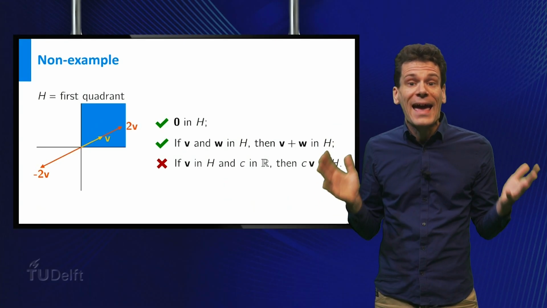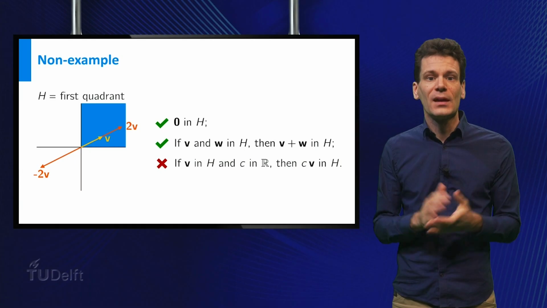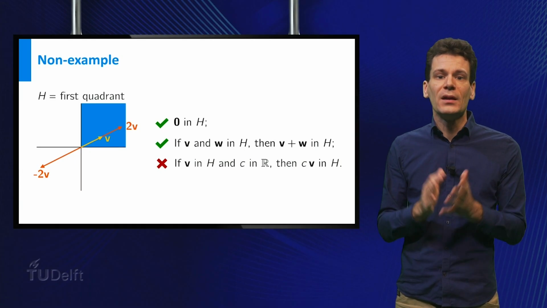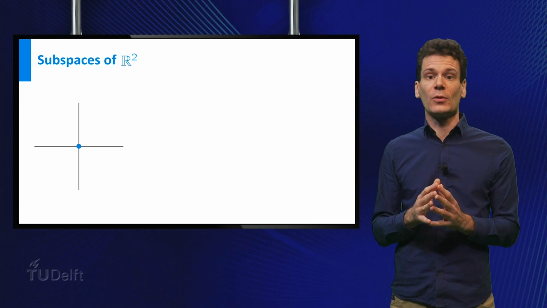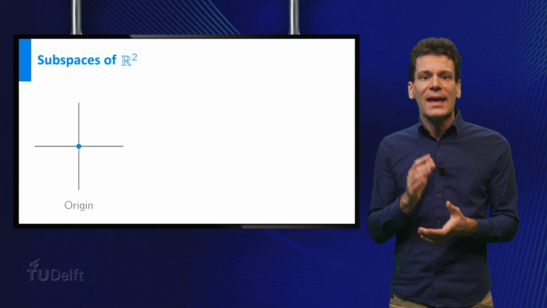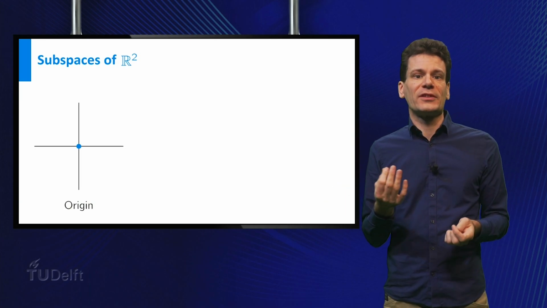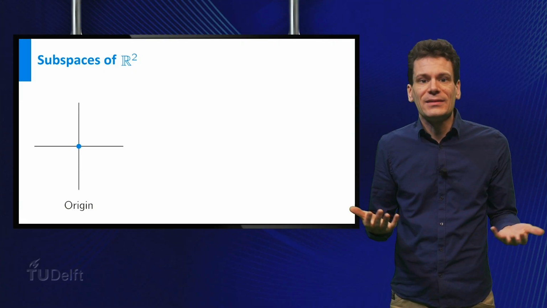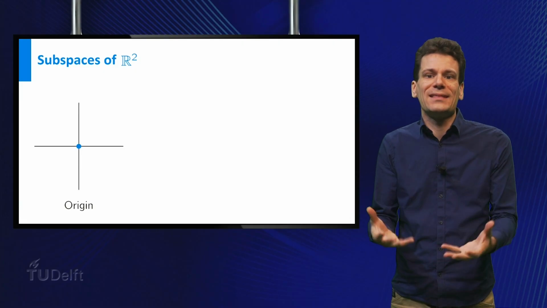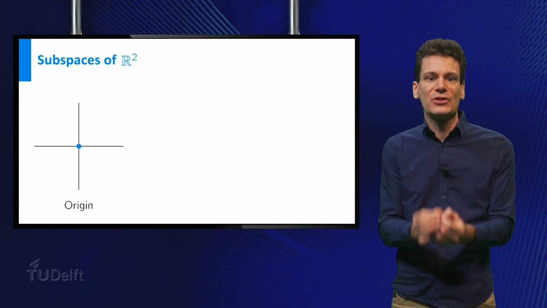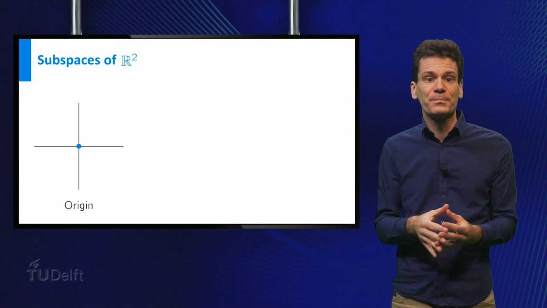Okay, but what can a linear subspace look like? Let's look at subspaces of the plane. The smallest possible linear subspace is the set containing only the zero vector, the origin. Indeed, if we multiply the zero vector by a scalar, we simply get the zero vector back. And if we add it to itself, we still only get the zero vector. We cannot get out of this set by taking linear combinations.